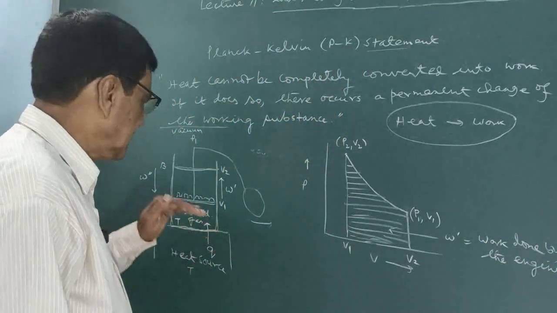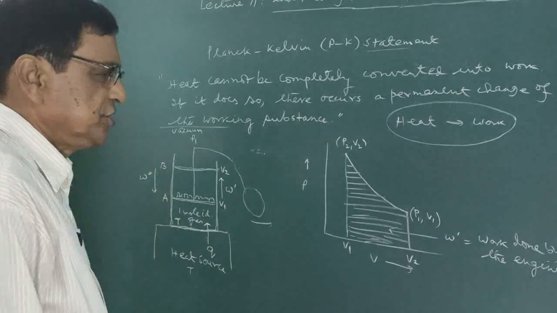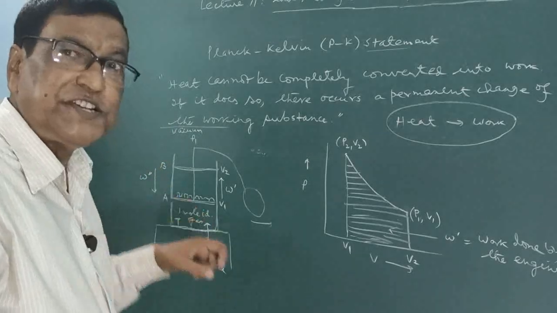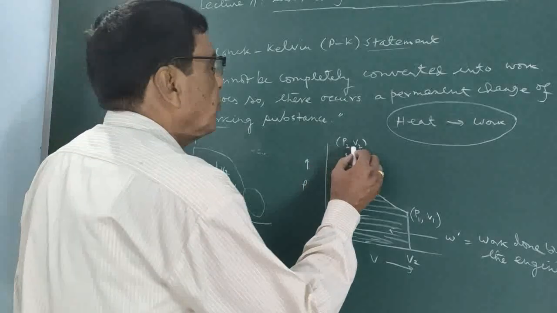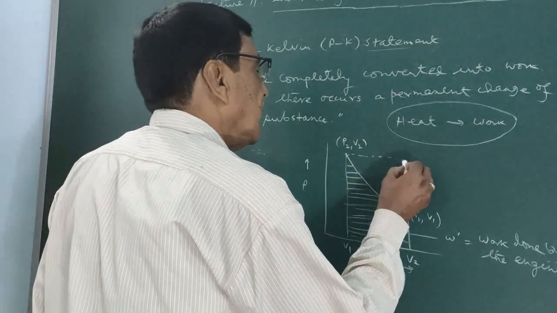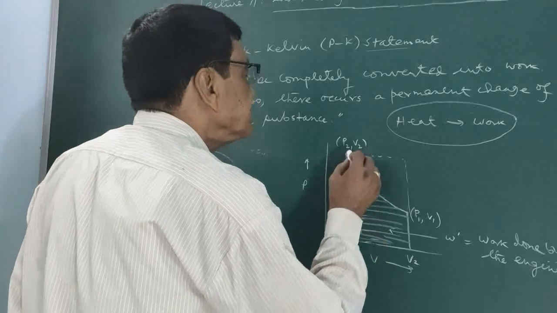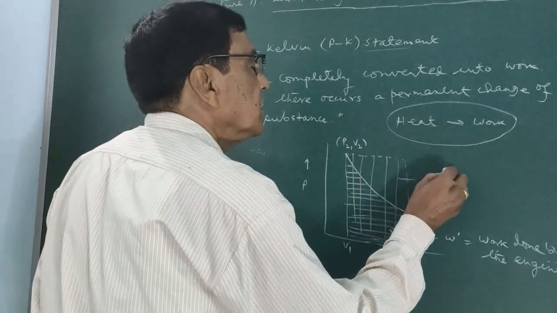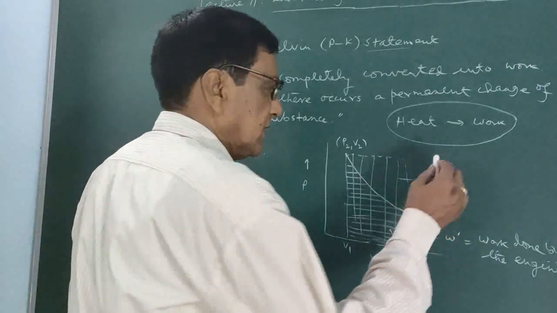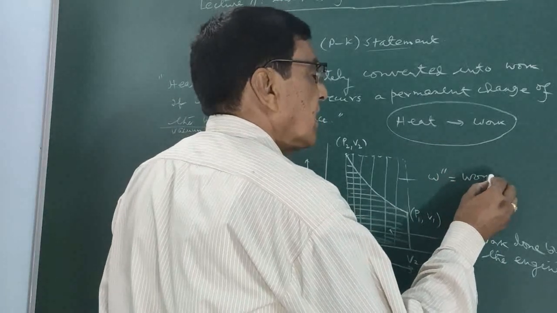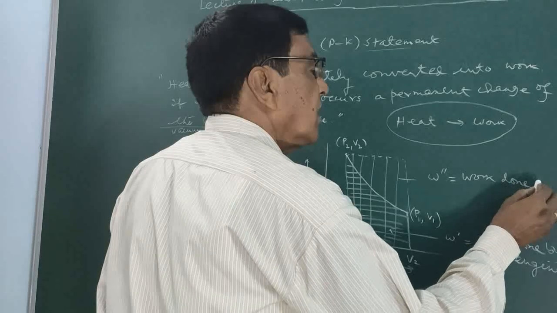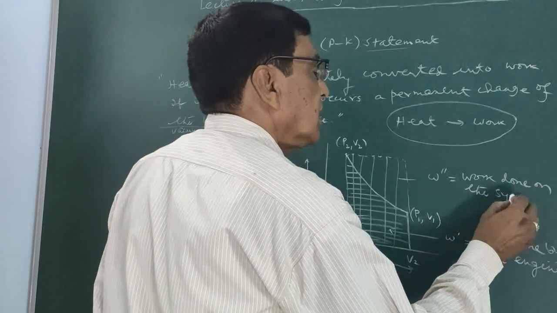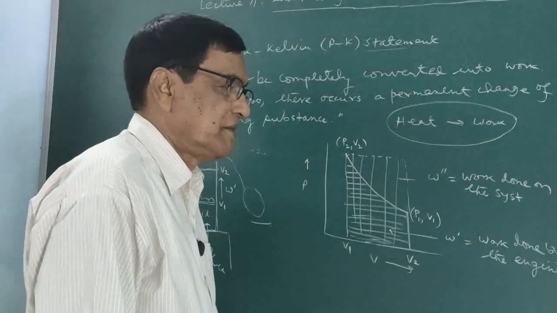And if we now reverse this system to bring it back to its initial state, then the work will be this one. This will be the W double dash, and this is work done on the system by the surroundings.